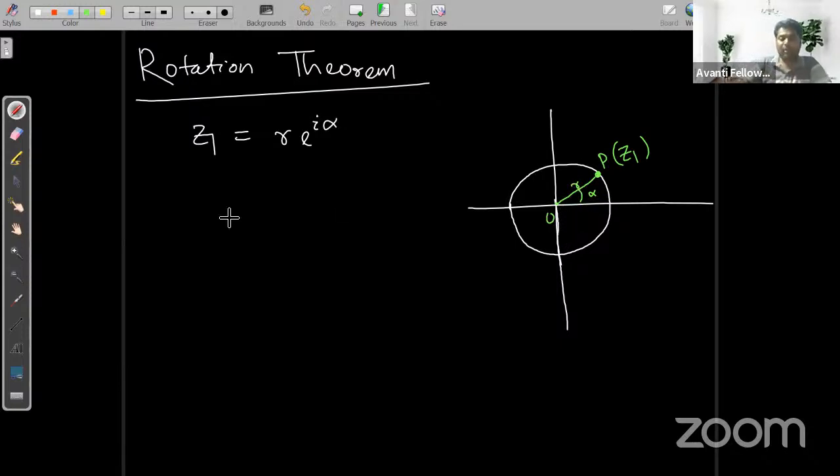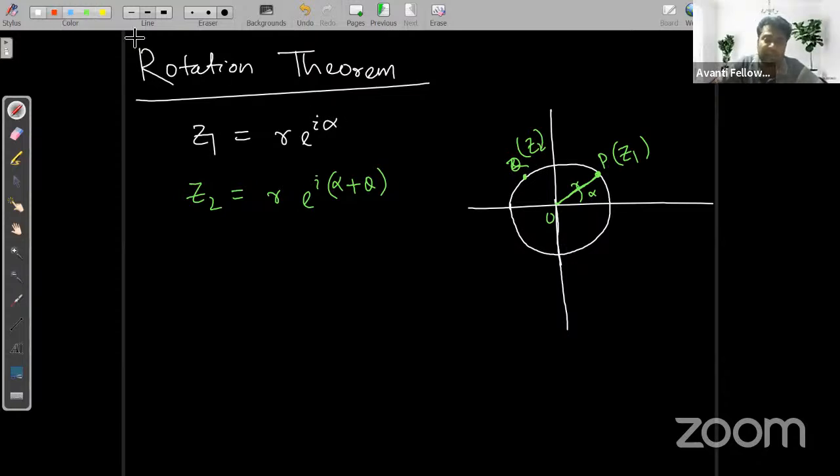Now we'll take another point Z2, which is R into e to the power I into alpha plus theta. Alpha plus theta means we need to take a point Q, which represents the complex number Z2.